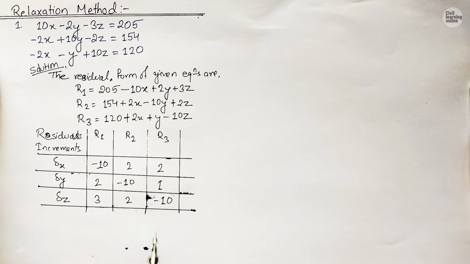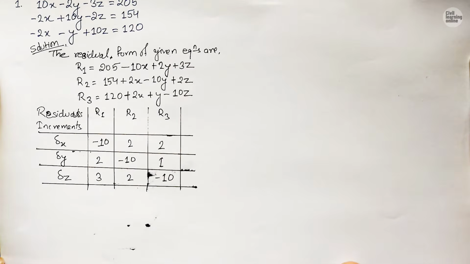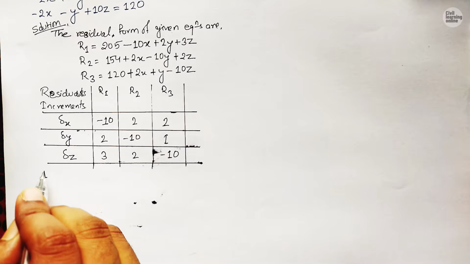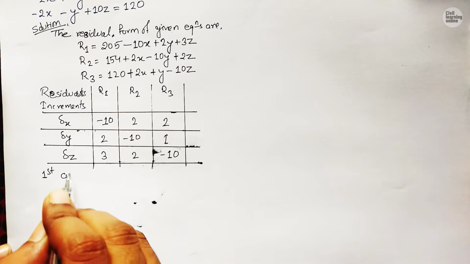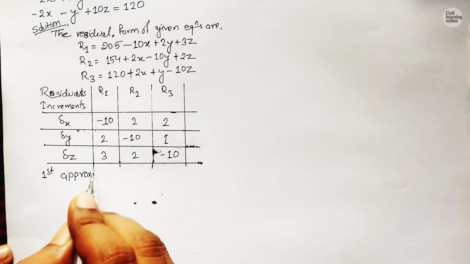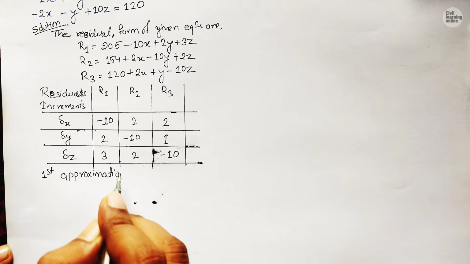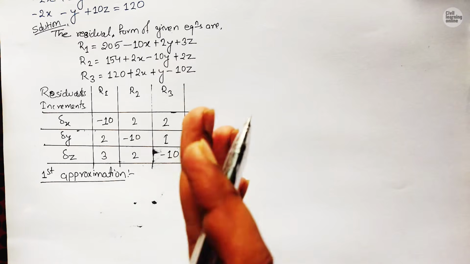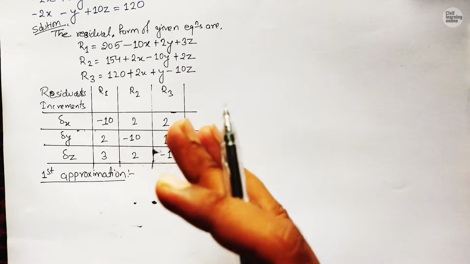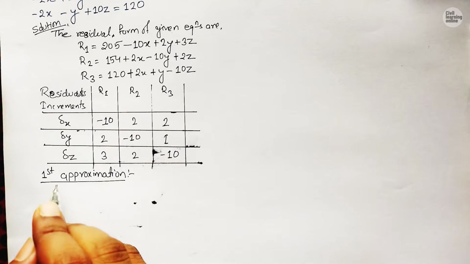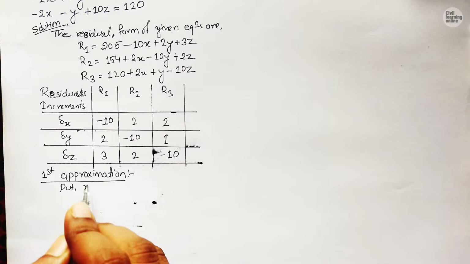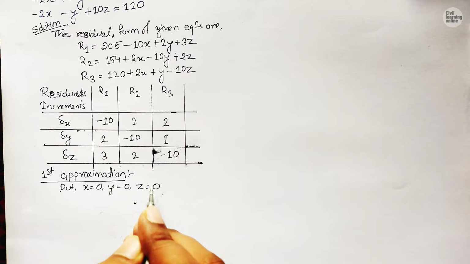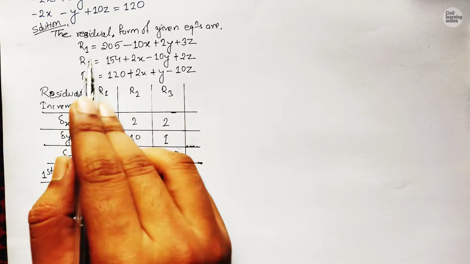Now proceed further, we will do the first approximation now. So for first approximation, what we will do, we will proceed taking the value of x, y and z as 0. How? See here, put x equals to 0, y equals to 0 and z equals to 0 in these three residual equations.